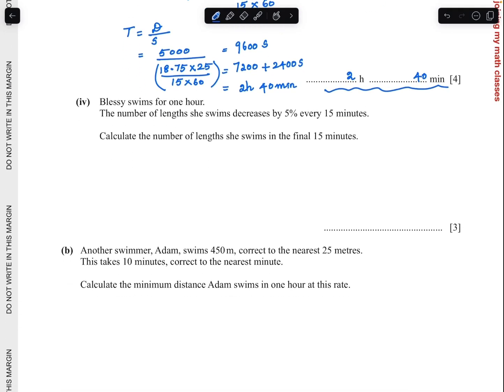Subdivision 4. Blessy swims for 1 hour. The number of lengths she swims decreases. Calculate the number of lengths she swims in the final 15 minutes. So let me take this 1 hour and put it in this form.